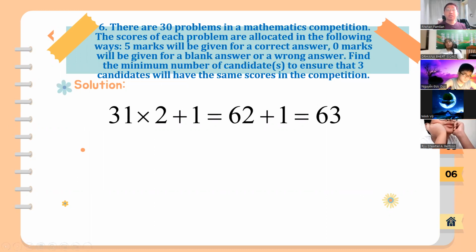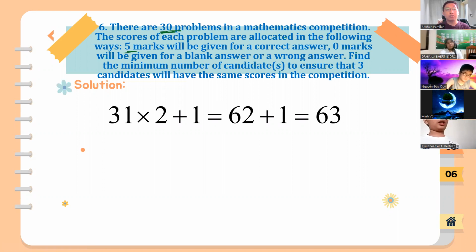So this is using the worst case scenario, okay? So if you want to know the worst case scenario, guys, remember there are 30 problems, correct? And then basically it doesn't matter whether they got all perfect as long as they have the same score, okay? So 5 marks each.